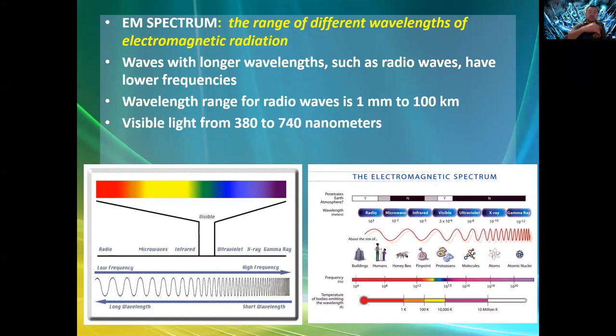But then you go all the way down to something like visible light, the light that you can see. Remember Roy G. Biv, the colors of the rainbow? Well, they have their own specific wavelengths. So for example, red here has a wavelength of around 740 nanometers. But then as you go closer to violet, that wavelength gets smaller and smaller until eventually you have wavelengths of around 380 nanometers, which is really, really small.